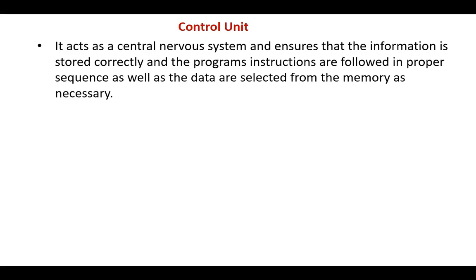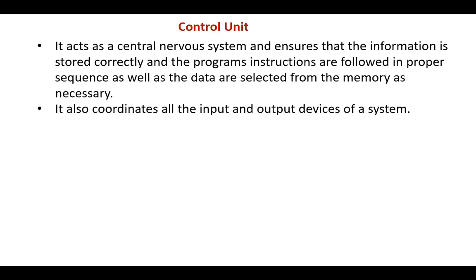The program instructions are followed in proper sequence, as well as the data are selected from the memory as necessary. So apart from coordinating the input and the output devices of the system, it also ensures that all the instructions of a given program are followed in a proper sequence, because every program is made in such a way that it has to follow certain instructions for it to execute a certain task.